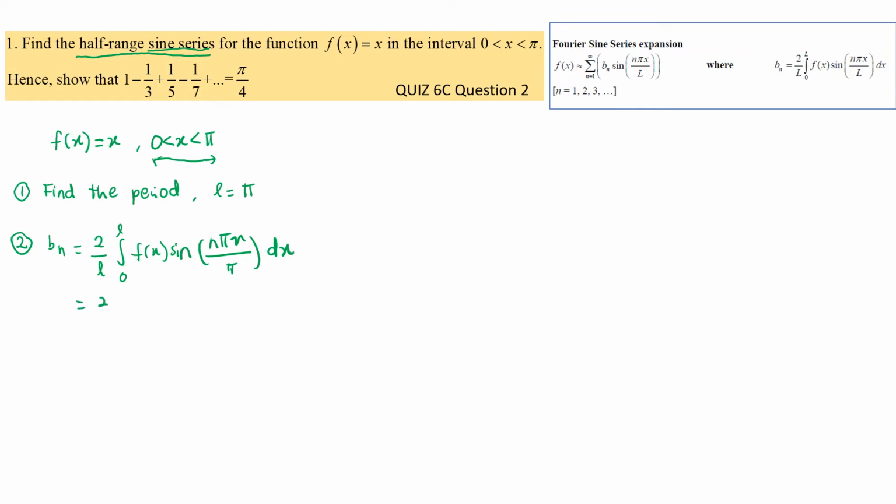So this will be 2 over pi, integral from 0 up to pi of f(x) equals x times sine nx dx.